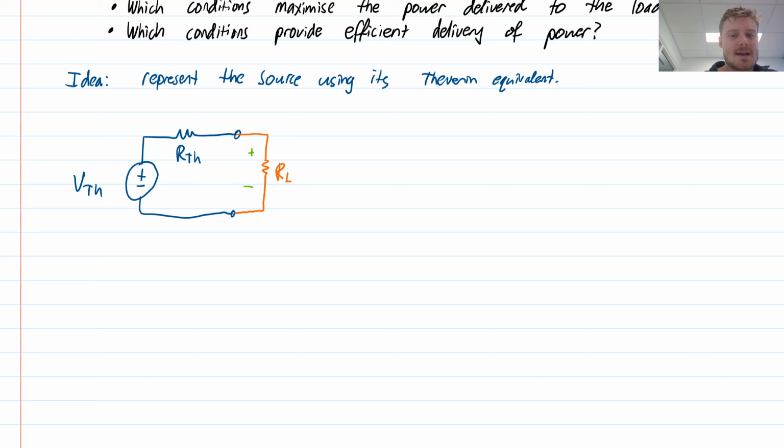So I can write down that the voltage on the load is given by the voltage divider expression. The voltage on the load is the Thevenin voltage of the source multiplied by the resistance of the load over the sum of the resistances.